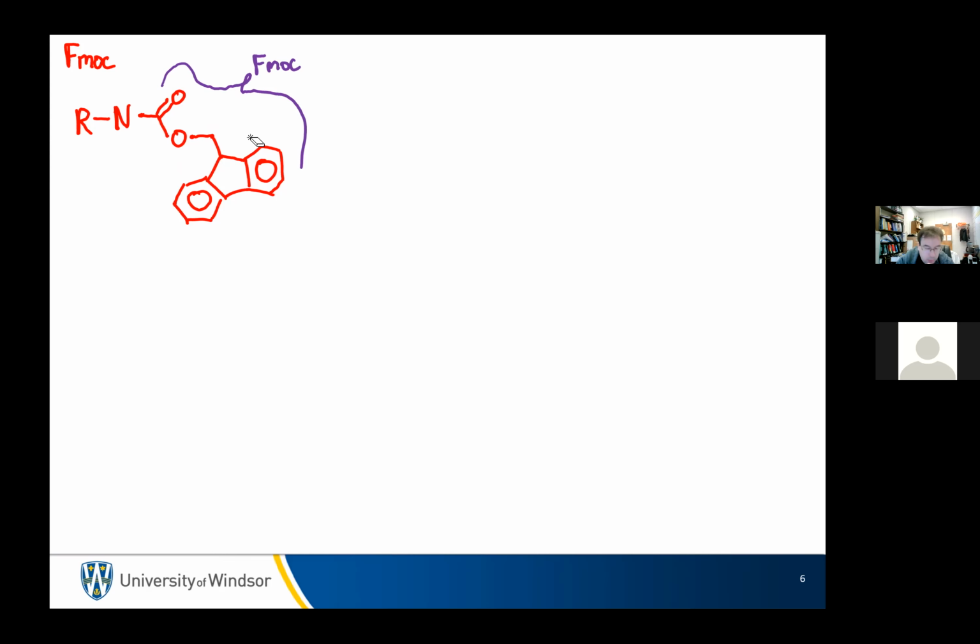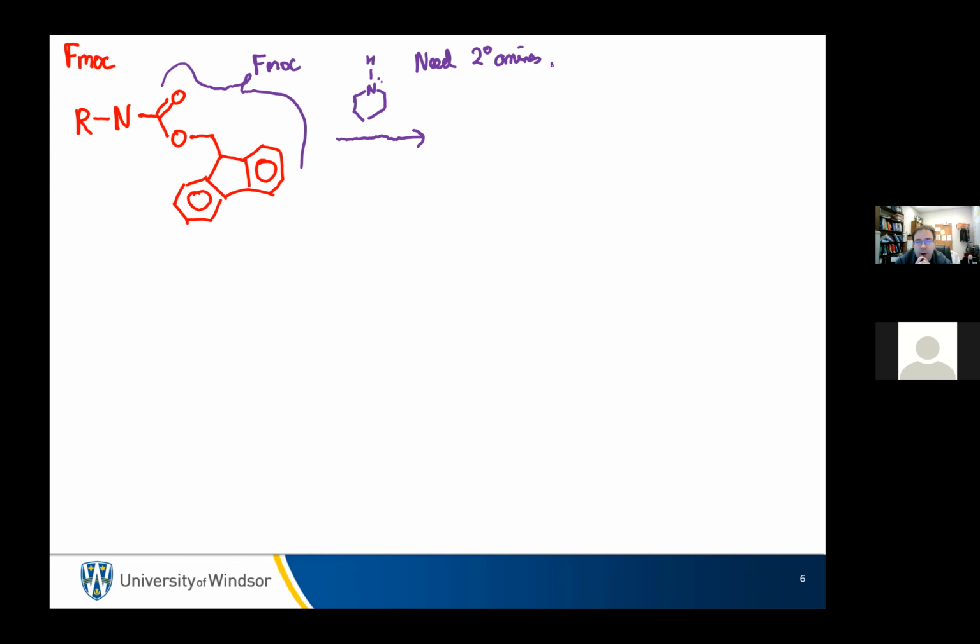So what takes it off is secondary amines. By far the most common one is piperidine, which is this guy. So what's cool about this, primary amines don't affect it. Tertiary amines don't affect it.